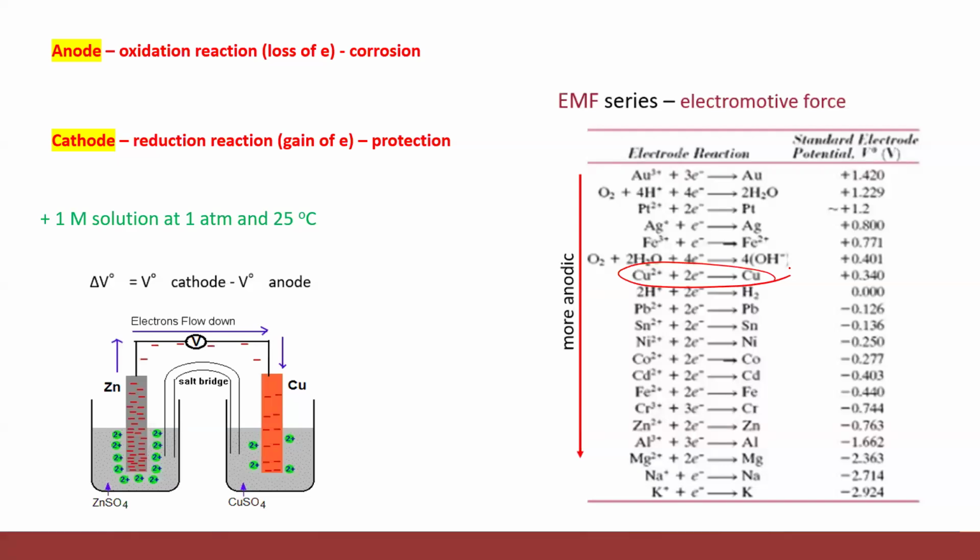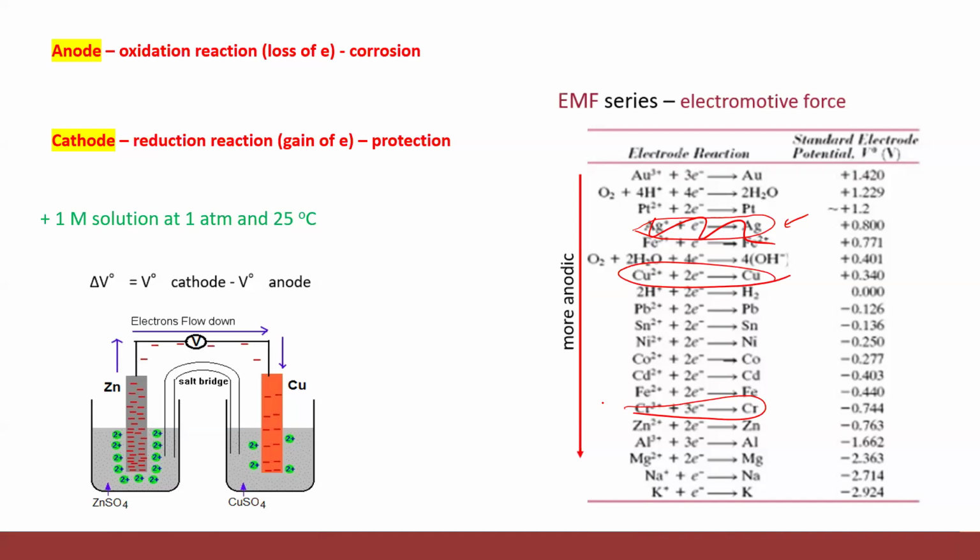For example, if you consider copper with maybe silver, silver is at the top, so silver will act as the cathode and copper will act as the anode. But if you consider copper with maybe chromium, copper will act as the cathode and chromium will act as the anode. Do you understand what I mean? Always, when you compare two metals, the one at the top will be your cathode and the one at the bottom will be your anode.